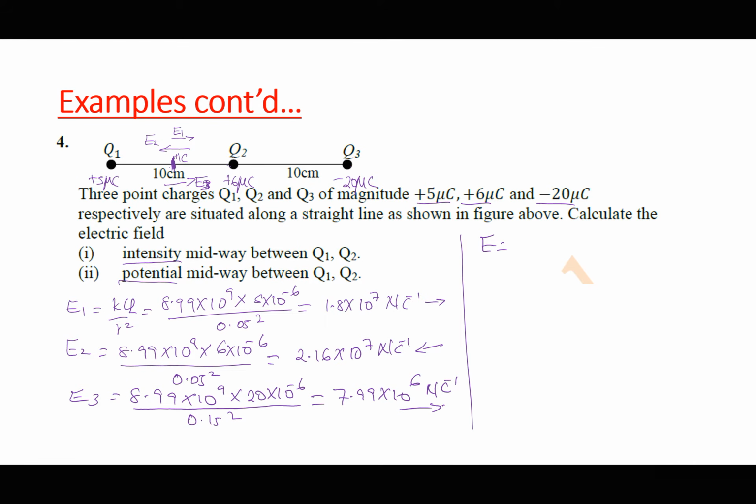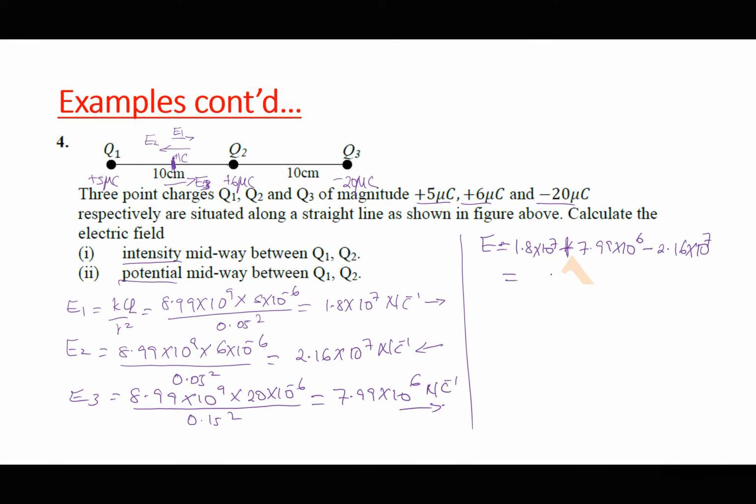So when I add these, you can even give them signs and say, okay, those to the right will be positive, those to the left will be negative, so I add 1.8 times 10 power 7 plus 7.99 times 10 power 6 minus 2.16 times 10 power 7.